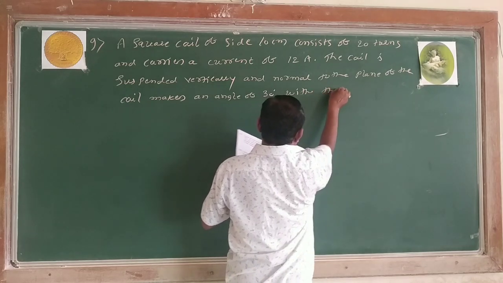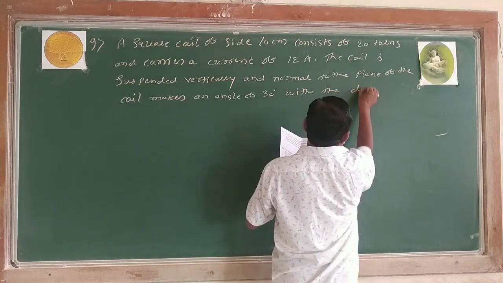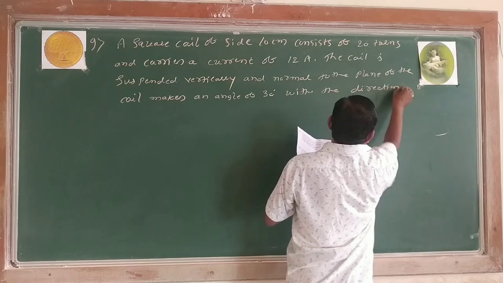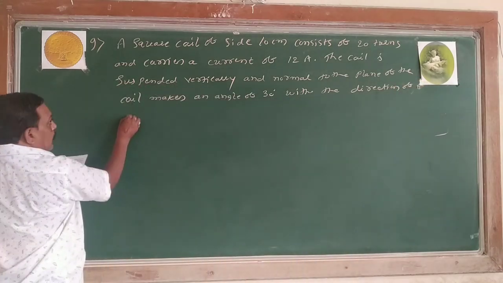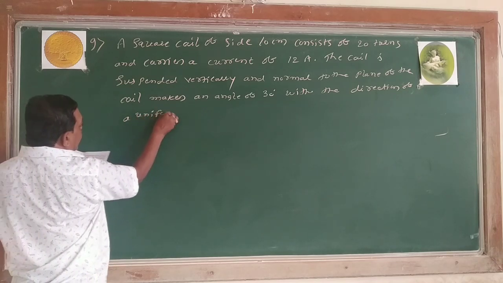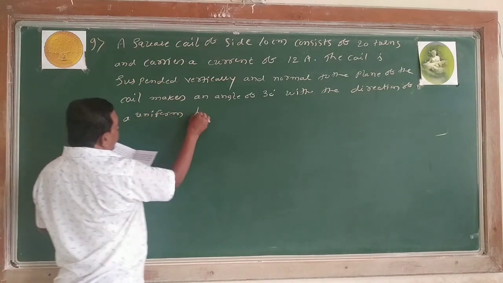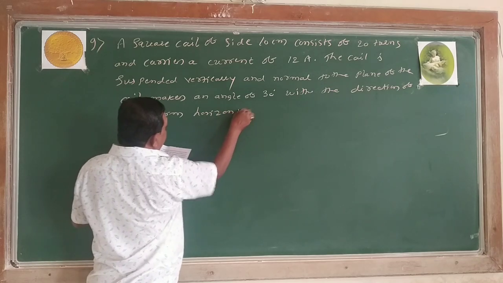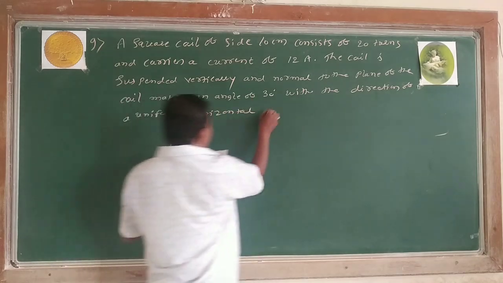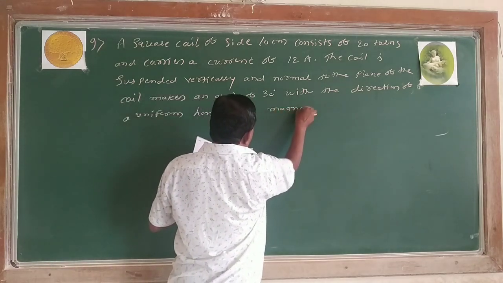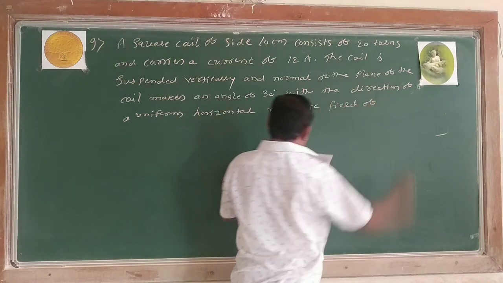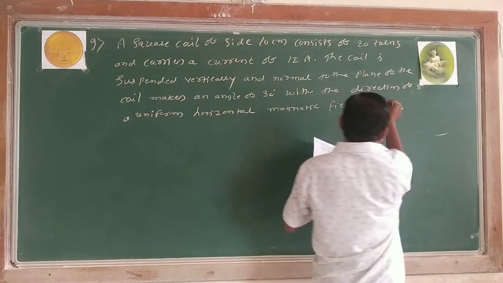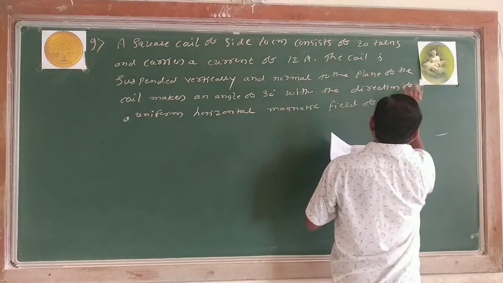a uniform horizontal magnetic field of 0.80 Tesla.